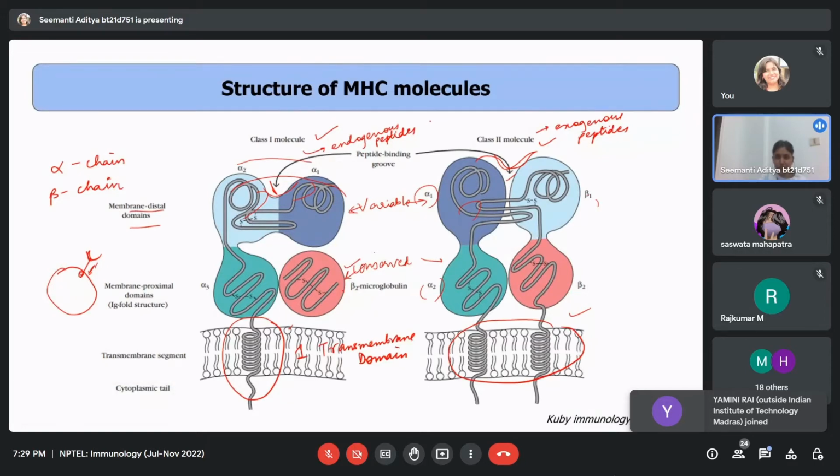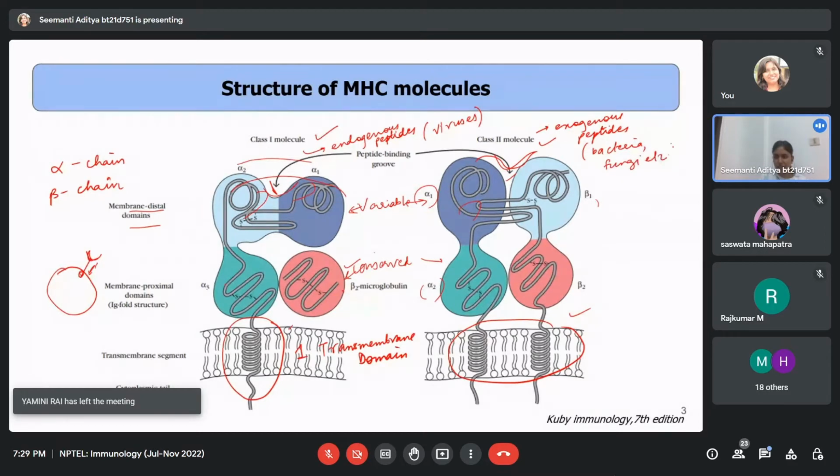So endogenous peptides include viruses, exogenous peptides include bacteria or fungi, etc. Whatever is coming from outside of your cell.